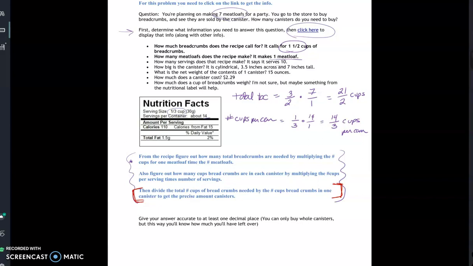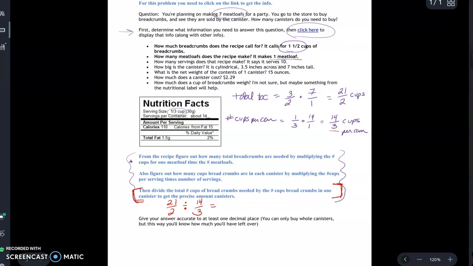So we're going to take the total breadcrumbs, which is 21/2, and divide that by the number in 1 canister, which is 14/3.